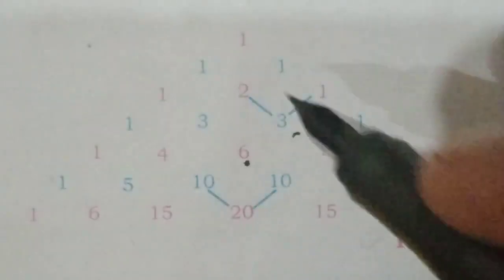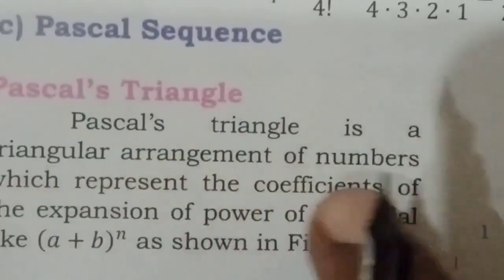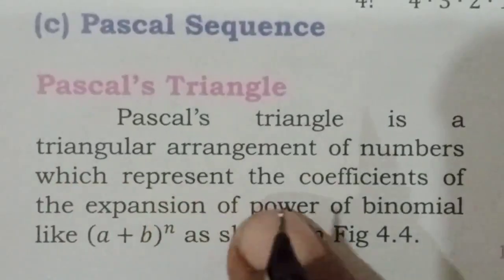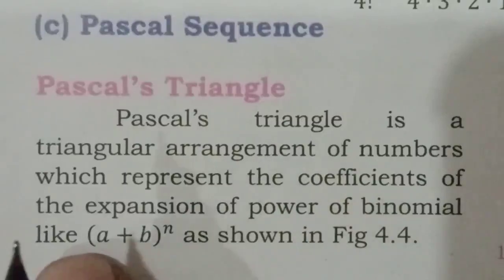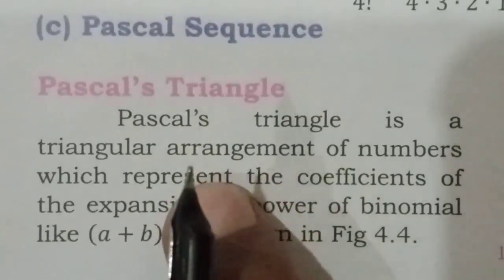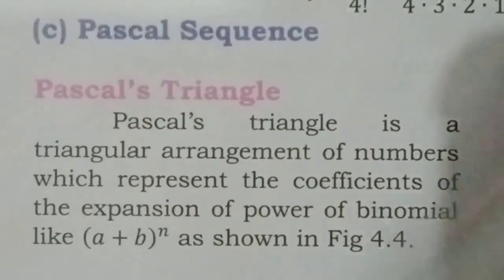This triangular arrangement is called the Pascal sequence, and the Pascal triangle is a triangular arrangement of numbers which represent the coefficients of the expansion of powers of a binomial, a plus b to the power n. You can say that you have the formula a plus b whole square.